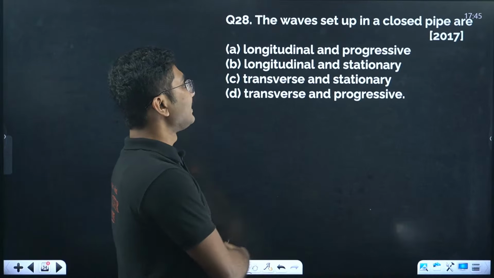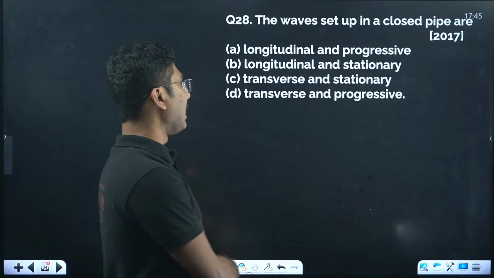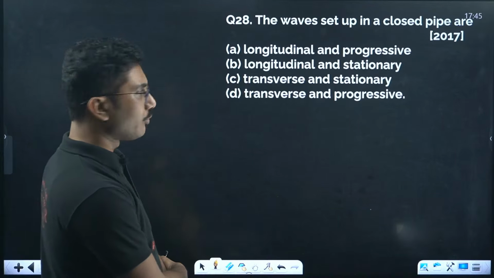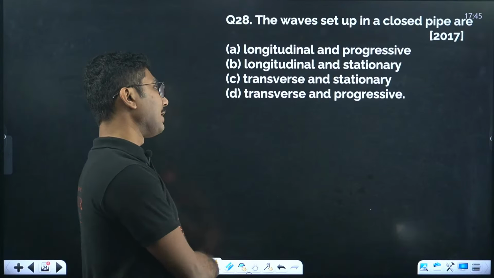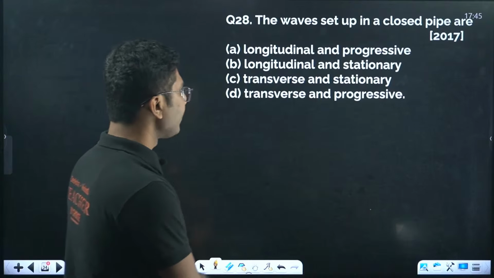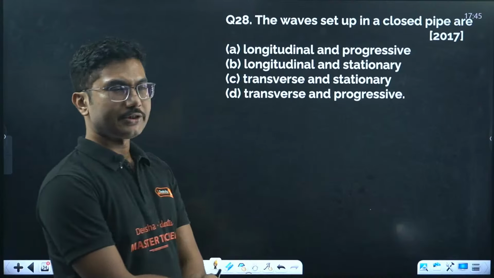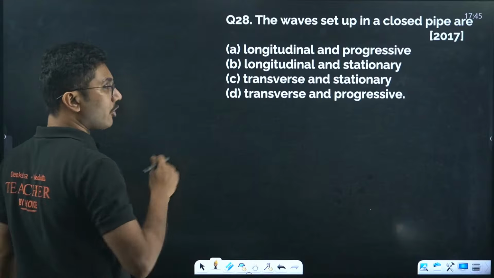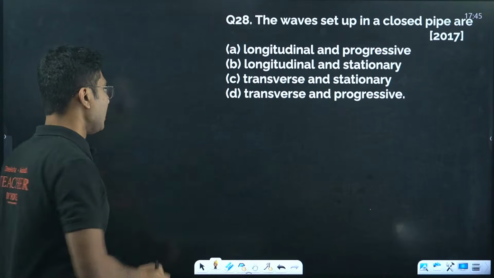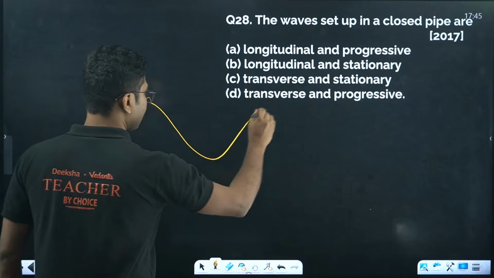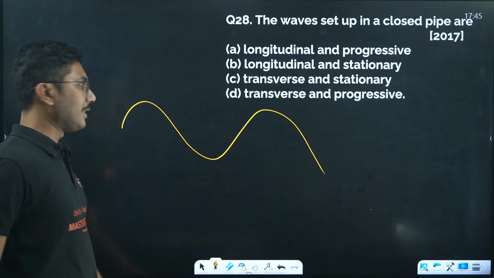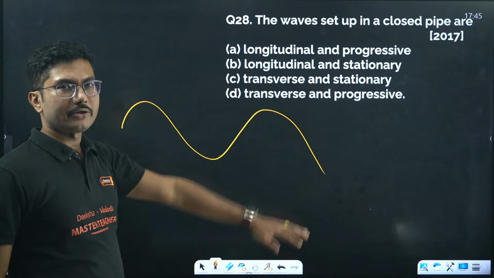The waves set up in a closed pipe are: longitudinal and progressive, longitudinal and stationary, transverse and stationary, or transverse and progressive. So what is longitudinal and transverse? Transverse is this. When the wave travels like this, it is called transverse.